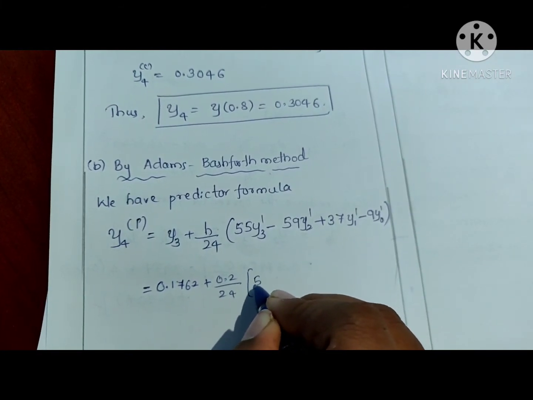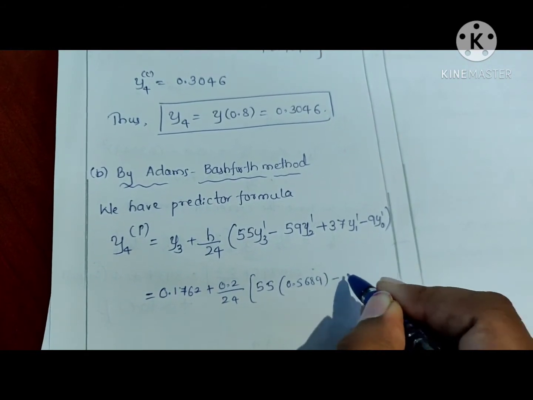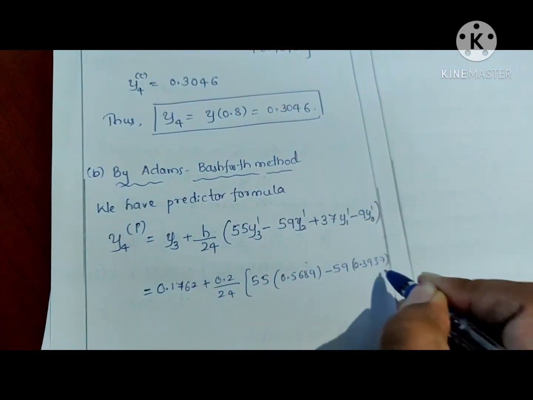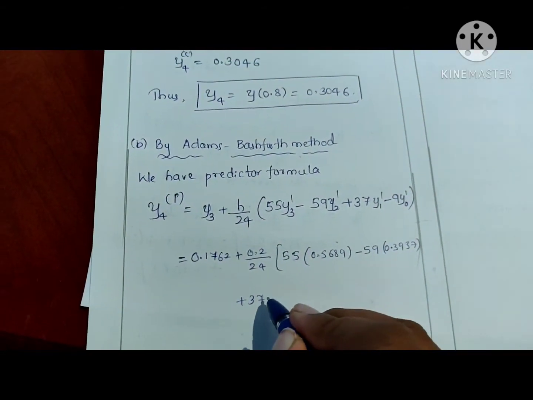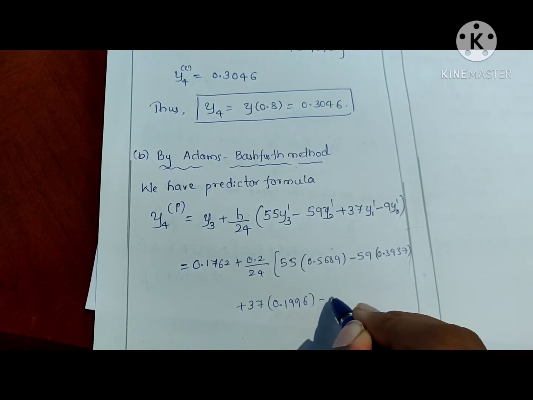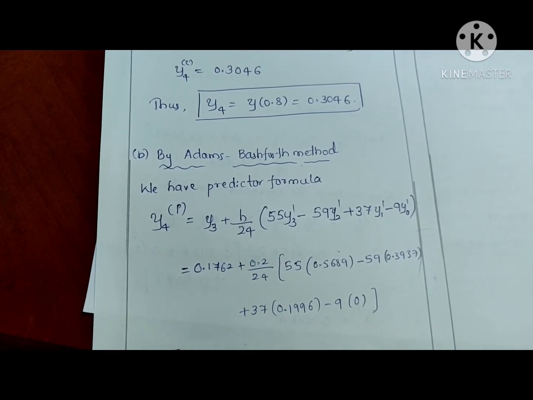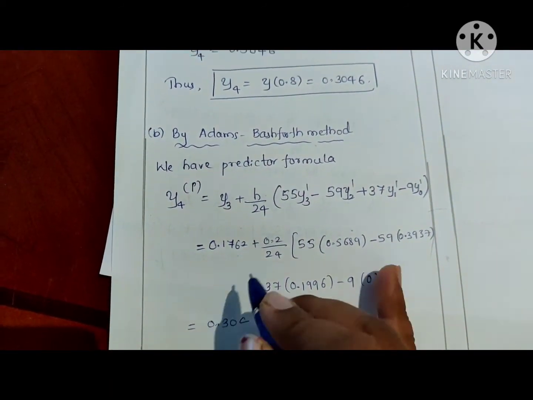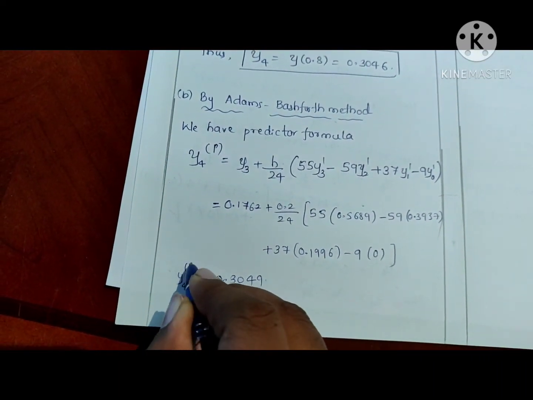Next, 55 into y3 dash, it is 0.5689, minus 59 into y2 dash, 0.3937, plus 37 into y1 dash, 0.1996, minus 9 y0 dash, it is 0. When you simplify all this, you will get 0.3049. This is y4 of p.